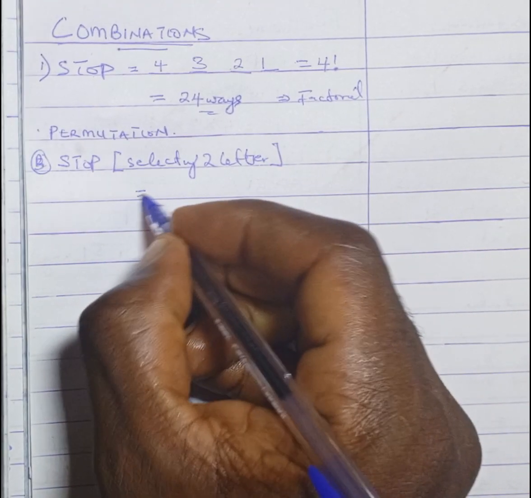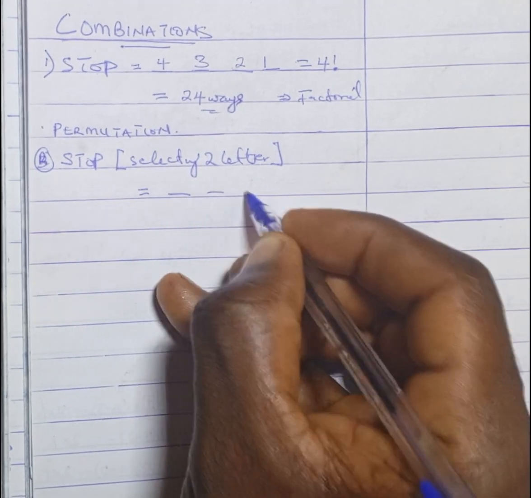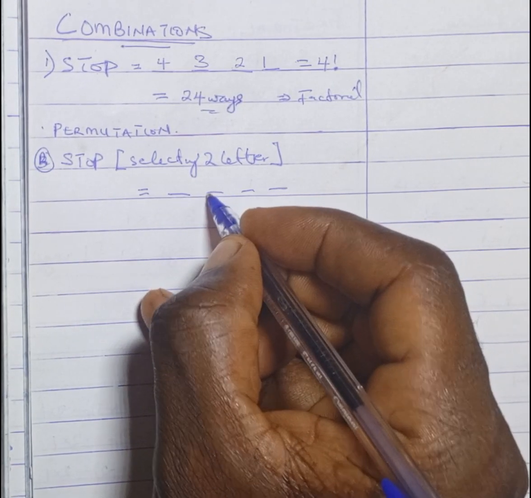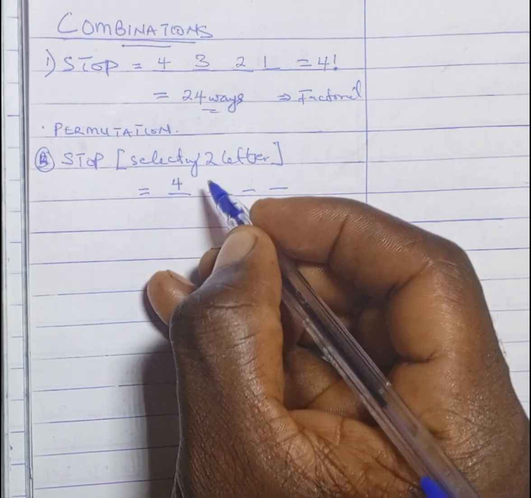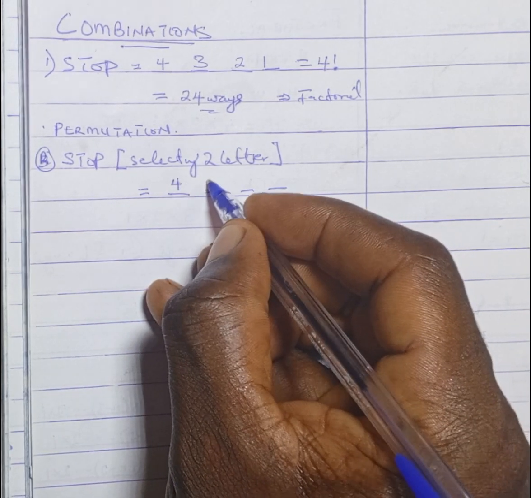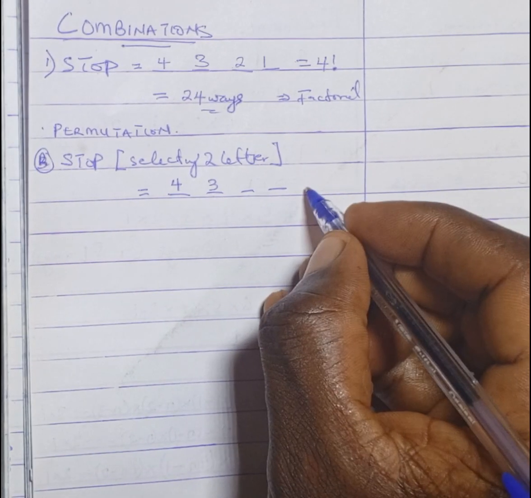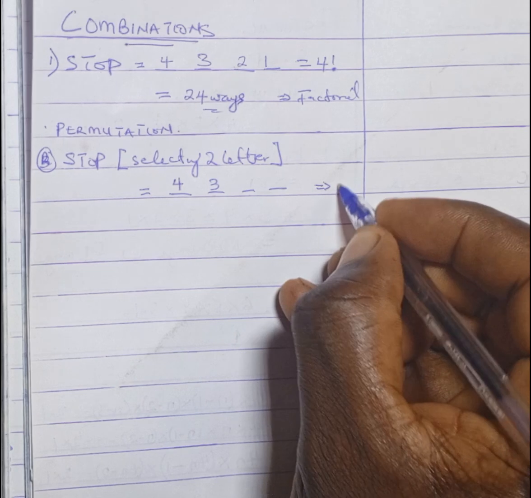So how would it be? 2 letters, let's say the first 2 letters. So remember there are 4 vacant positions. So the first one should be here, then the second letter is 3. Of course, if you sum everything at the end of the day, it is going to give you 12.